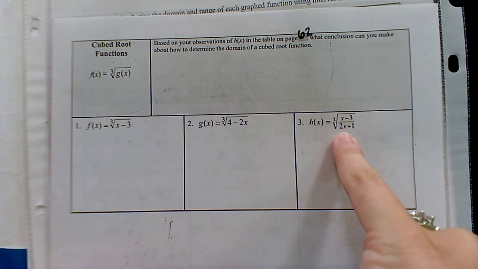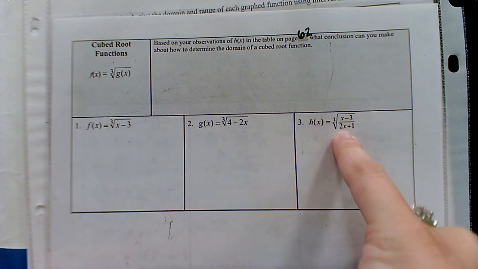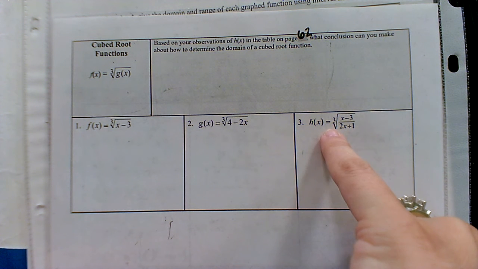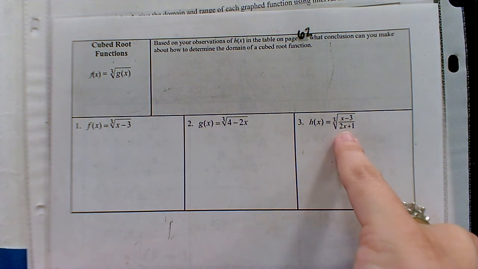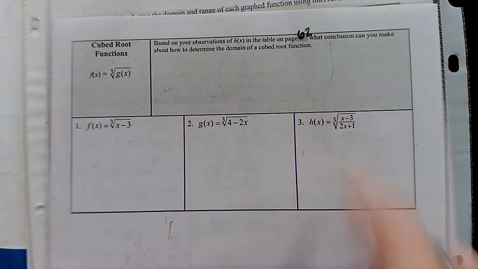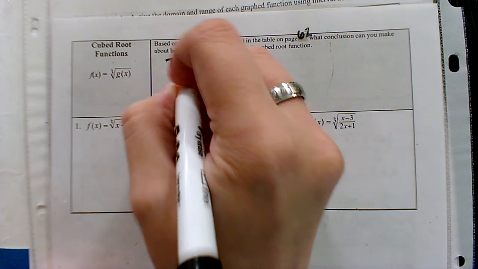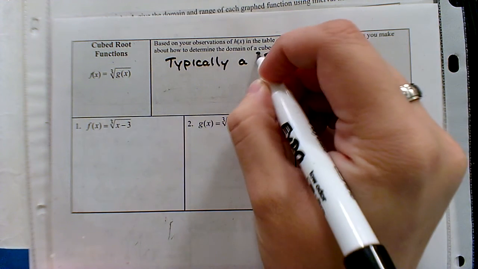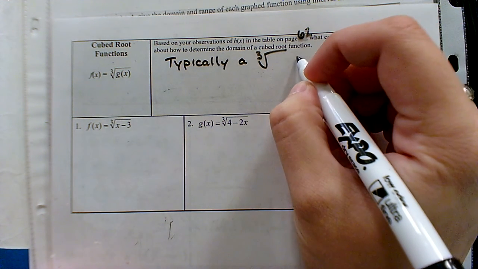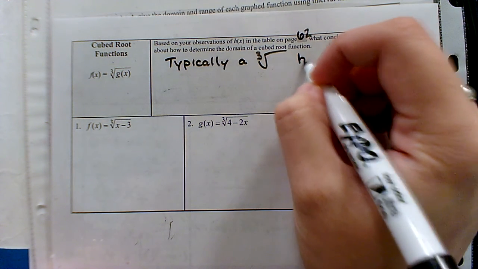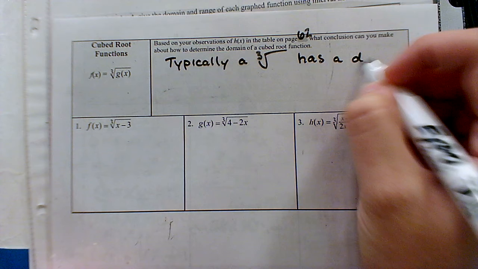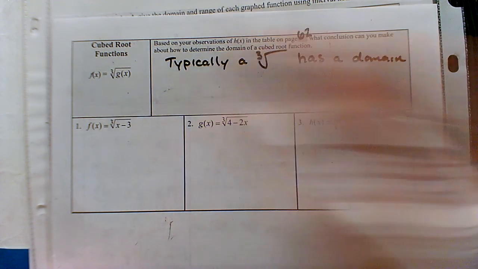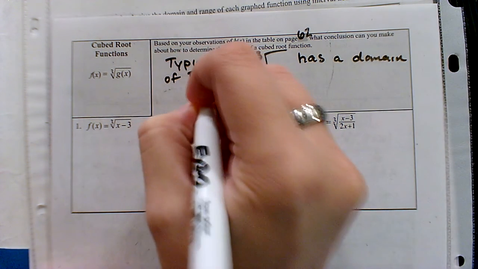But take a look at how this one is kind of a blend of a rational function, because we have a fraction and a cube root. Since it's a blend, we have to make sure we take into account the fact that we have that fraction. So we're going to say typically a cube root has a domain of all real numbers.